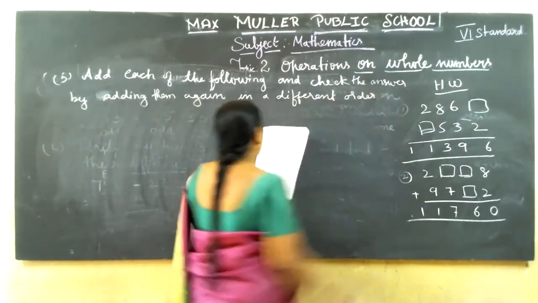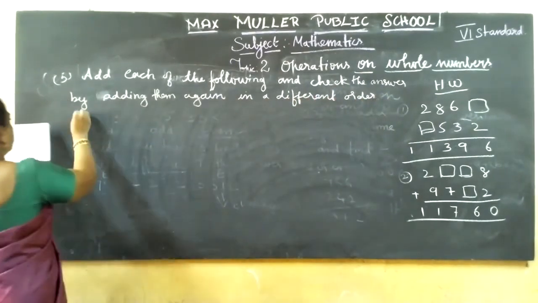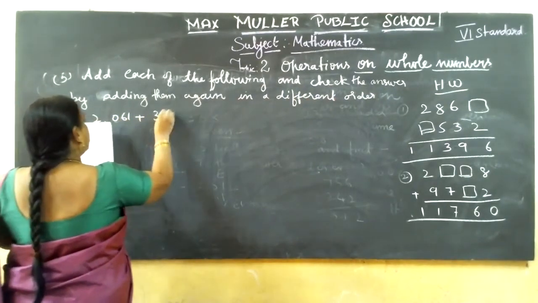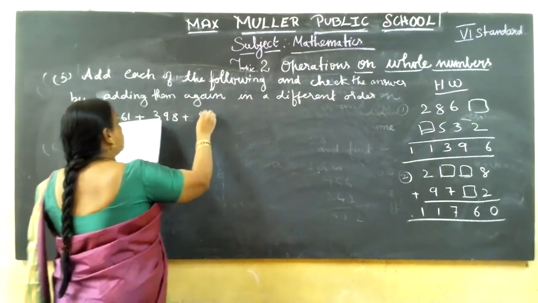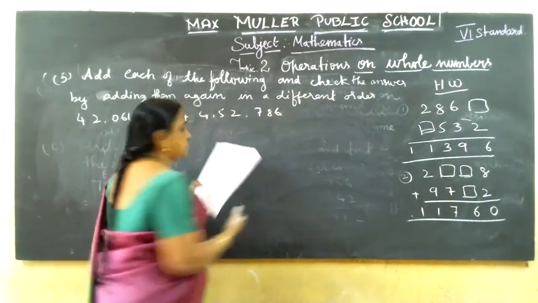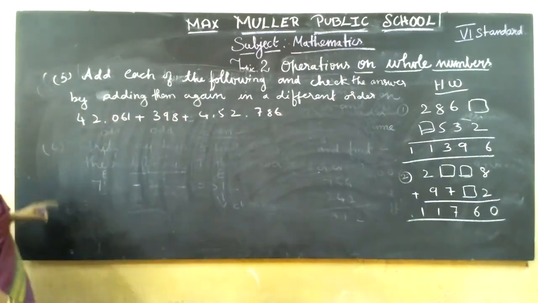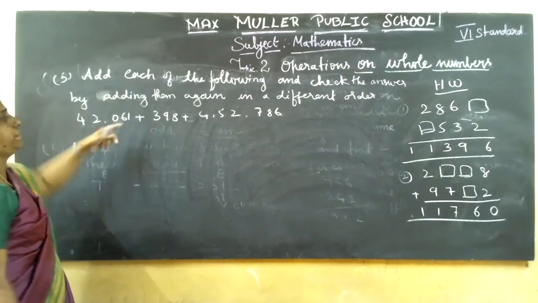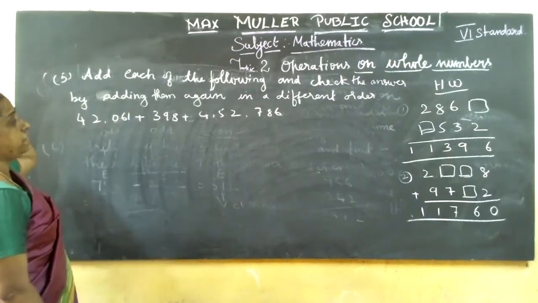Okay. Now we'll go for the question. 42061 plus 398 plus 452786. So this is the question. Add each of the following and check the answer by adding them again in different order.